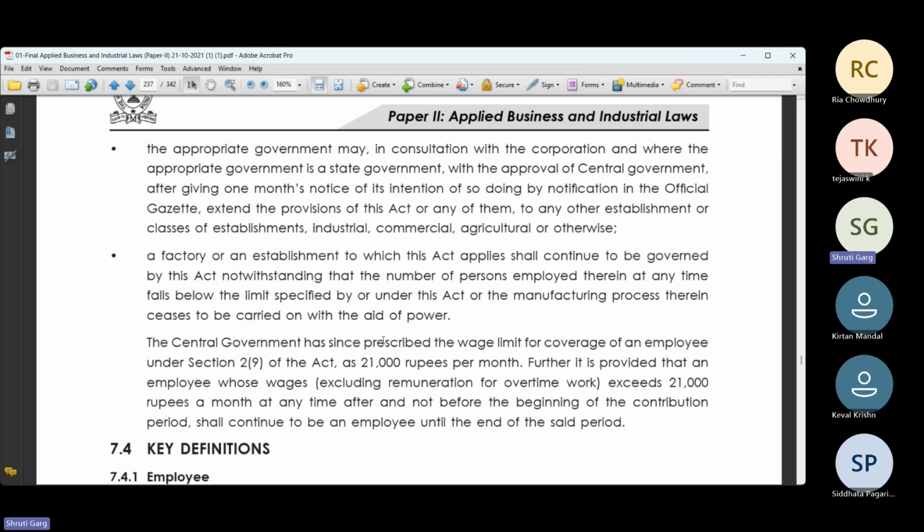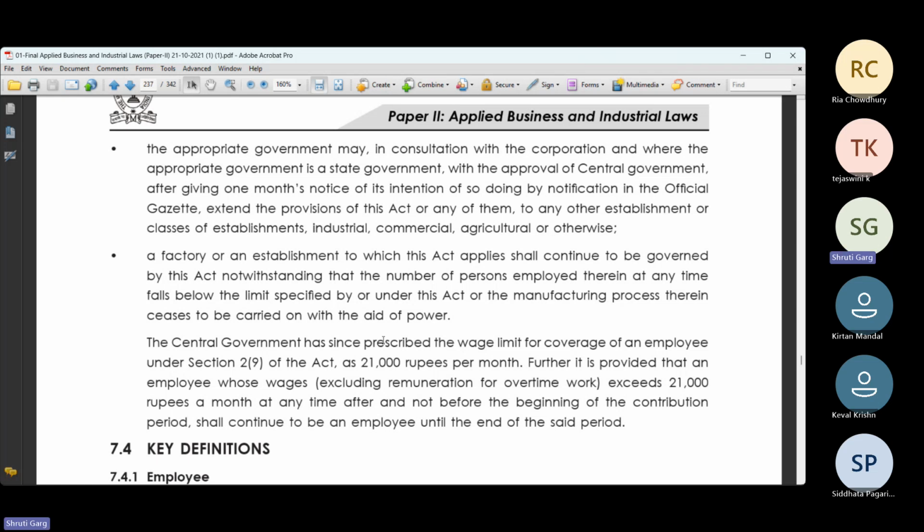But this is after giving one month's notice of its intention of doing so, and it will be published in the official gazette by notification that it wants to apply the act to some industrial, commercial, and agricultural establishments to be covered under the Employees State Insurance Act.